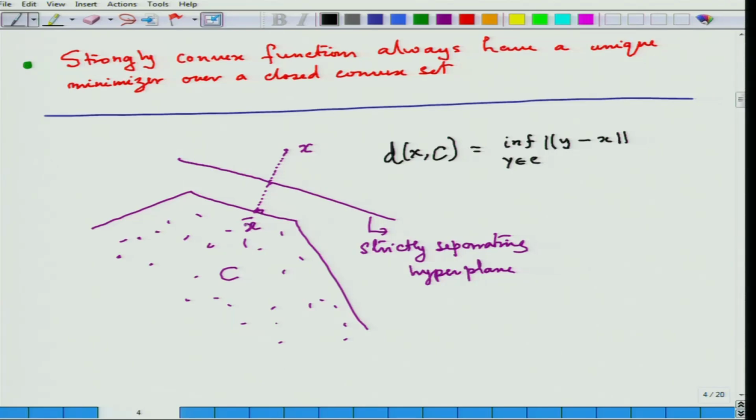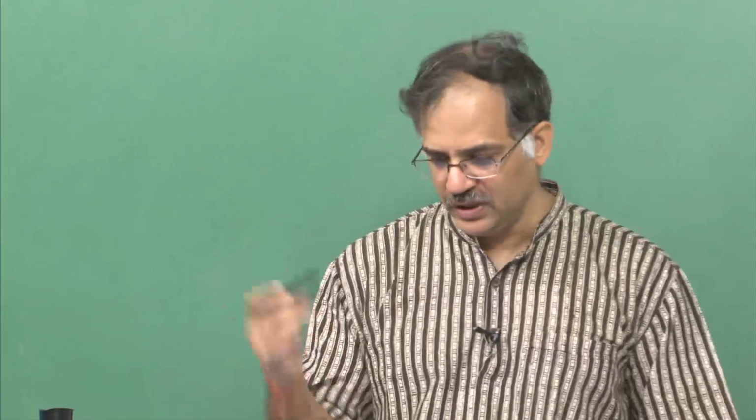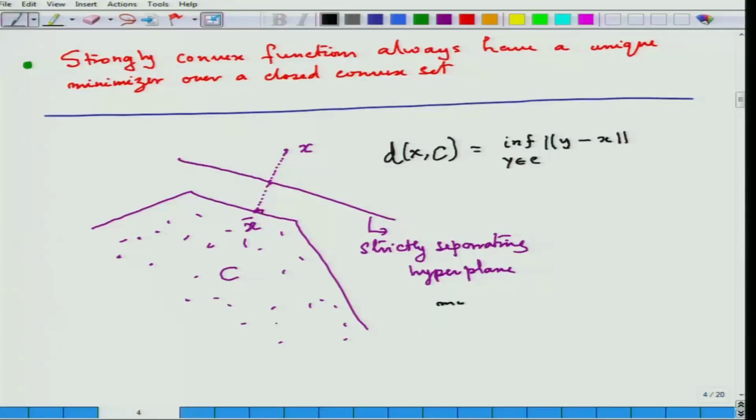So, how do I guarantee that this would happen? Finding the distance is the same as trying to find the square of the distance, in the sense that I can look now at the problem of minimizing the square.